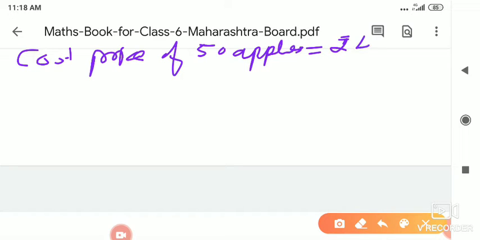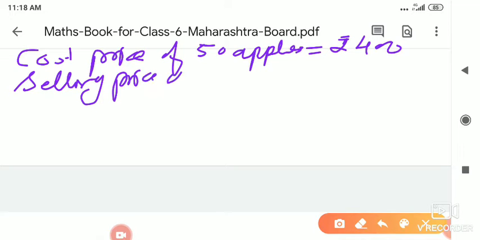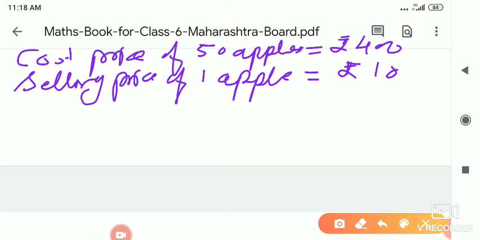Rupees 400. Right? Now the selling price of one apple is equal to how much? Rupees 10. One apple it is 10.